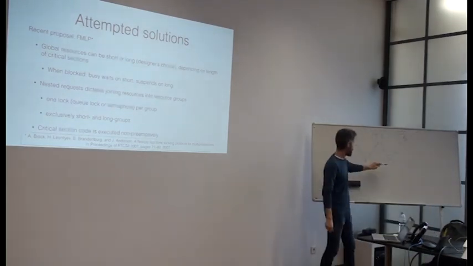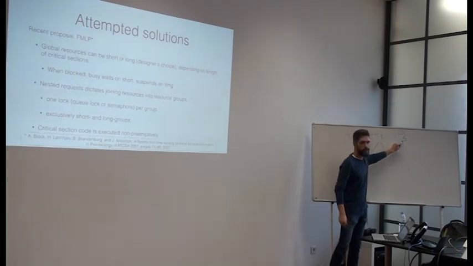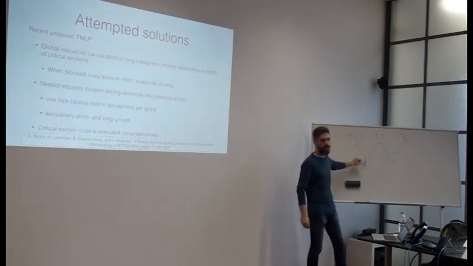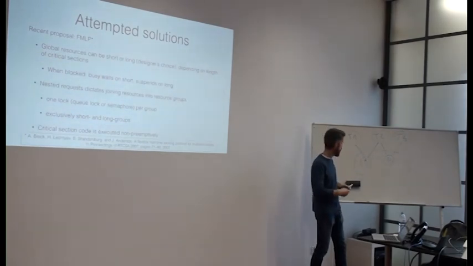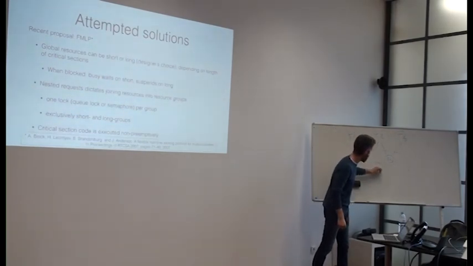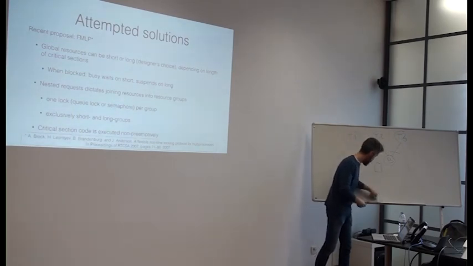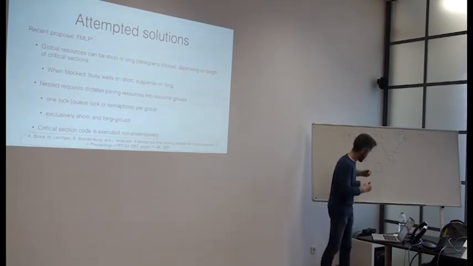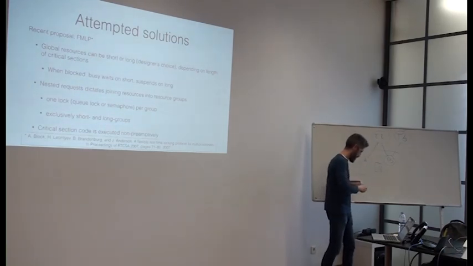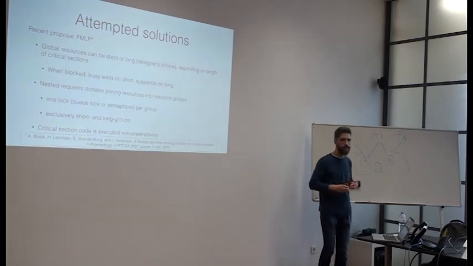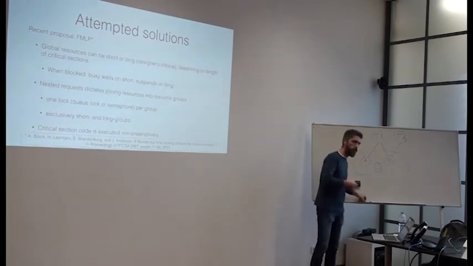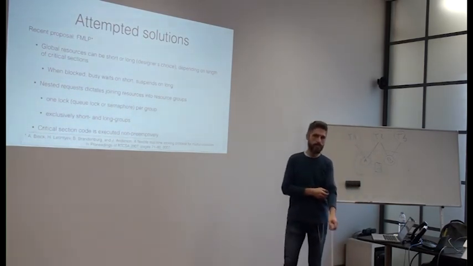And if resource B is being requested by task 3, task 1 cannot access resource A because there is one single lock controlling the access to the resources inside this group.